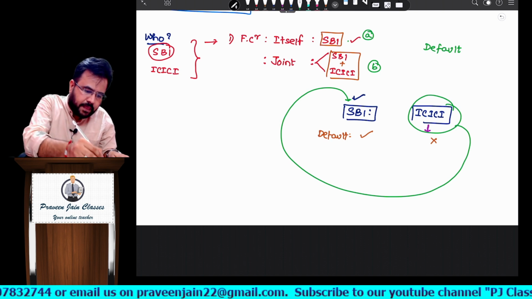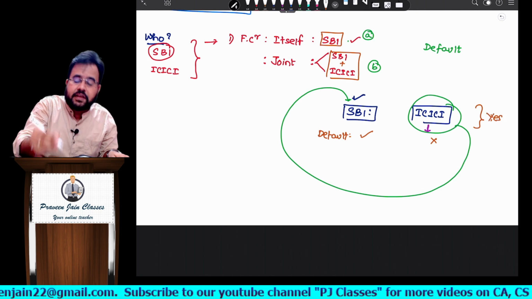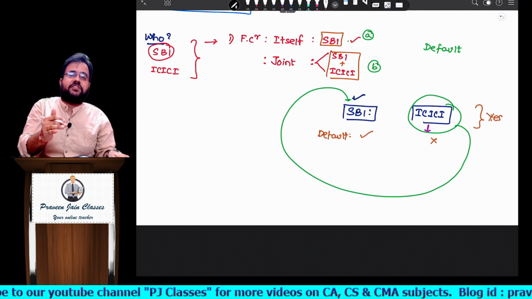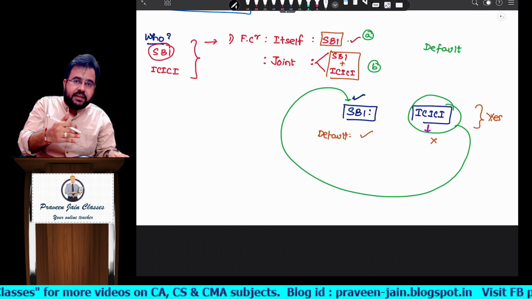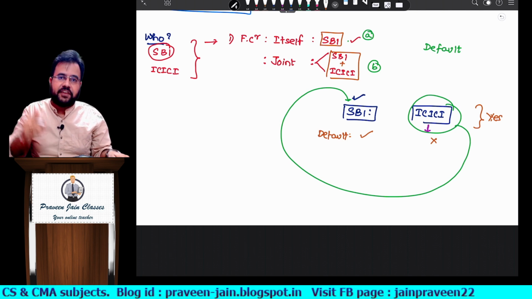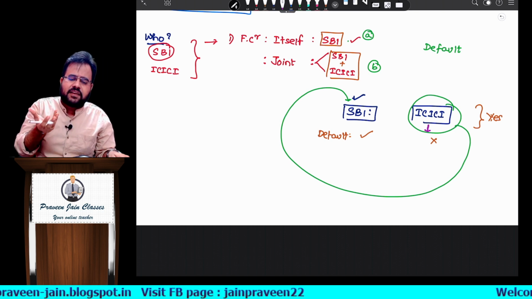Is this possible? Answer is, this is also possible. In other words, a financial creditor can file an application individually or jointly. In that application he can file for default of his money or for other financial creditors' money also. That is also allowed.